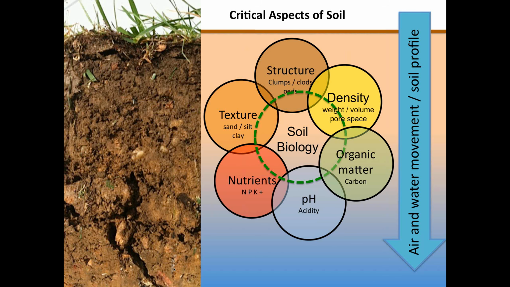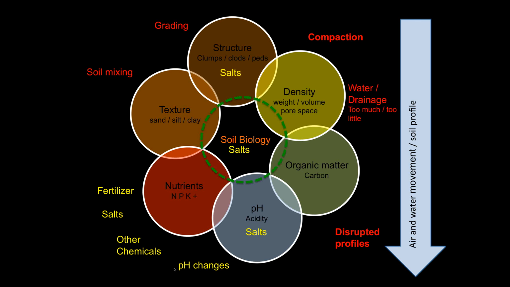And I've highlighted the chemical issues that we're going to talk about today in yellow, and then took salt and showed that salt can impact basically three of those bubbles, possibly density also, but the big impacts of salt are structure, big impact on the soil biology, and also depending on what kind of chemical you use to create the salt problem, it can have a rising pH problem.